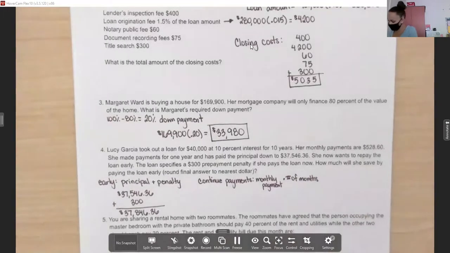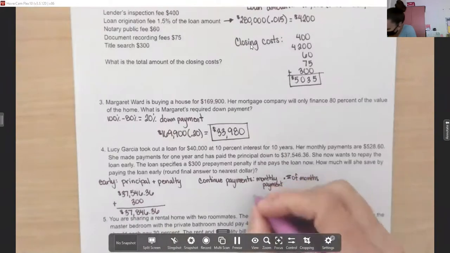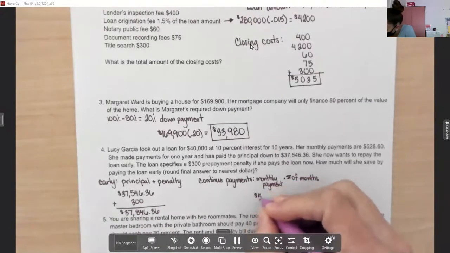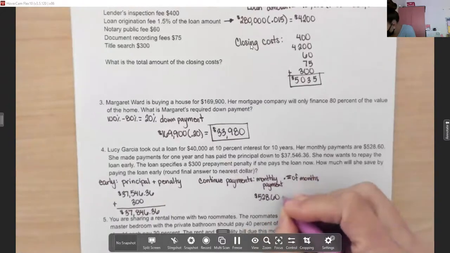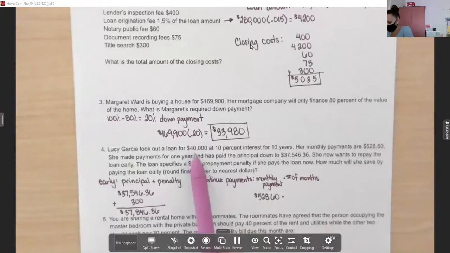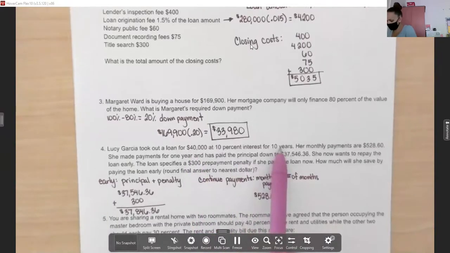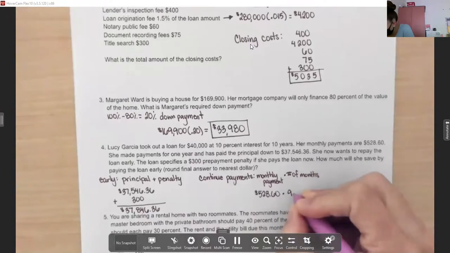So for this situation, our monthly payment is what? Here it is. So $528.60 times, okay, well, it was a 10-year loan, but she's already paid for 1 year. That means she has 9 years left, and every month she pays. So this is going to be times 9 times 12.